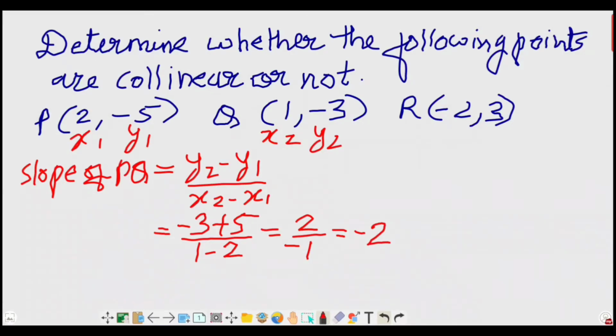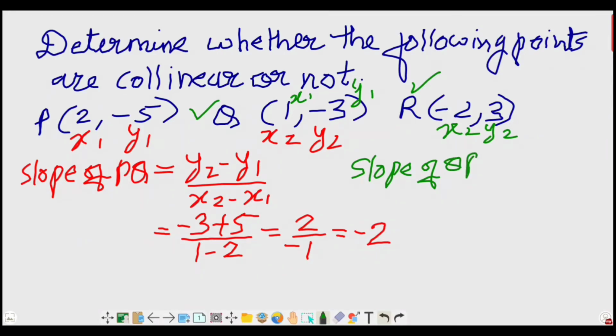Now same way you have to calculate either the slope of QR or the slope of PR. Suppose I am considering Q and R points. Now this is my x1, y1 and this is my x2, y2. Same way we have to find the slope of QR.